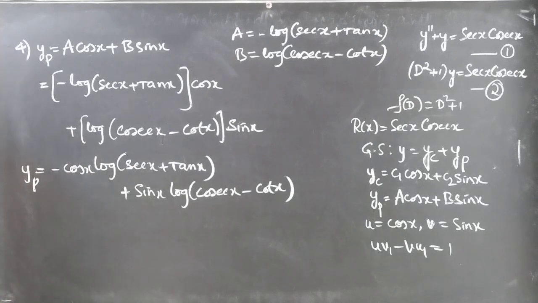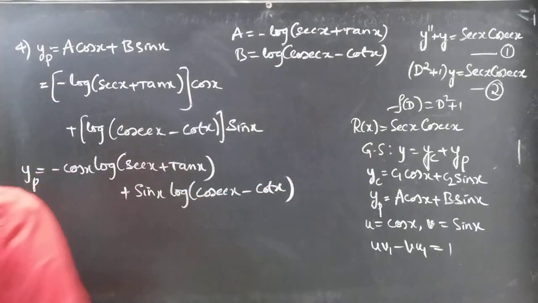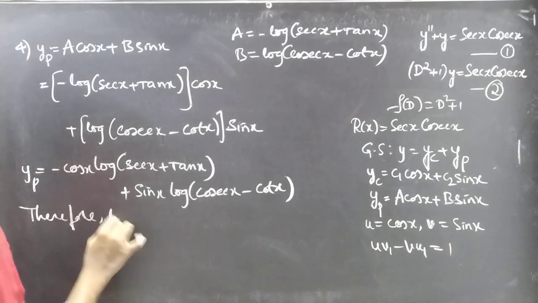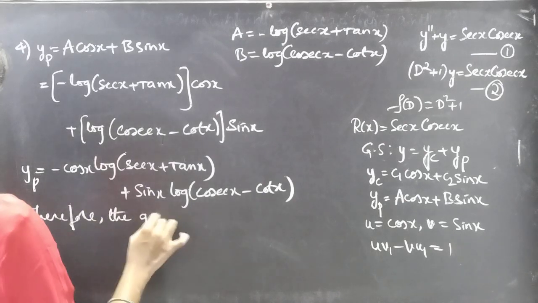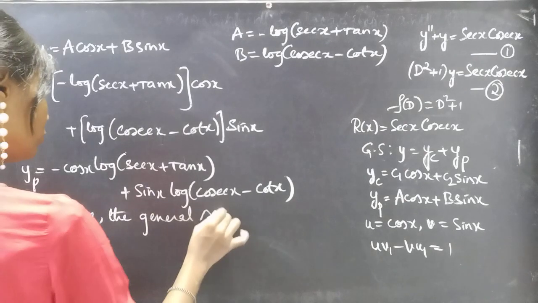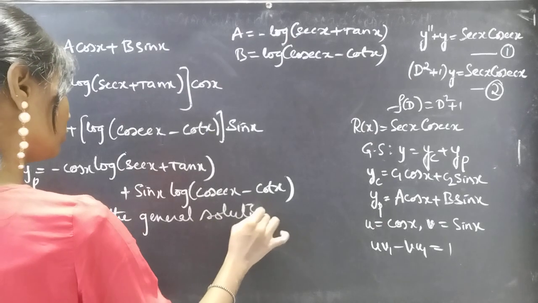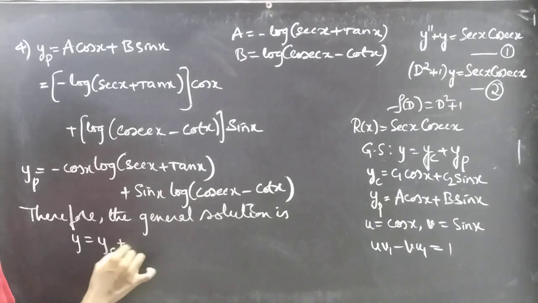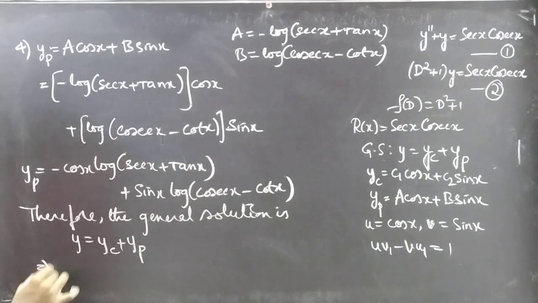We got yp and already we have yc. So let's now write the general solution using y equals yc plus yp. Therefore, the general solution is given by y equals yc plus yp.